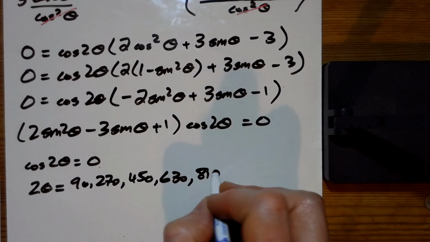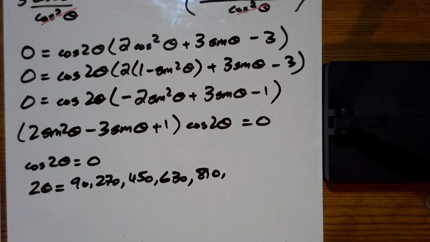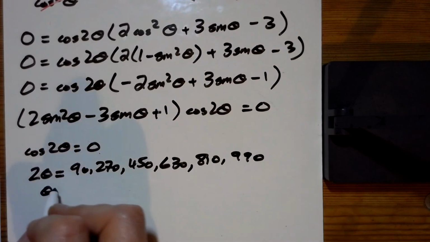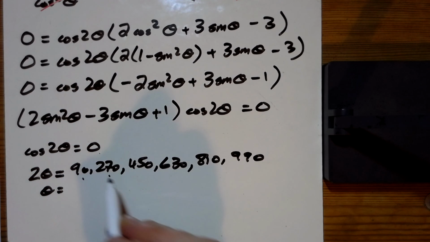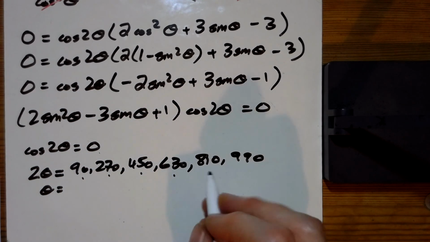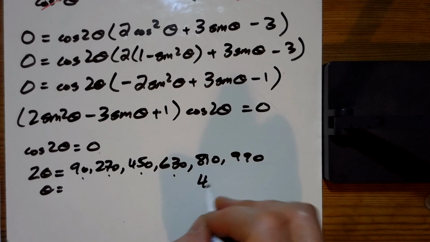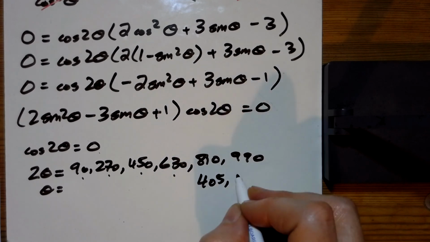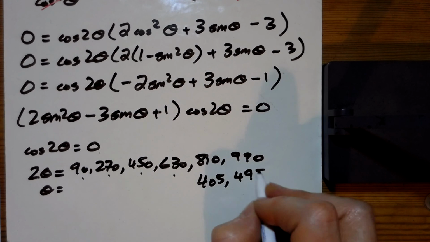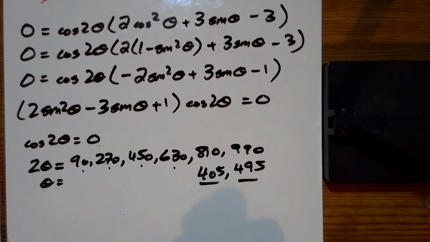So that would be 810 and 990. So if I divide all of those by 2, that one's too small, that one's too small, that one's too small, that one's too small, so it's that one there. So I've got 405, and 495. I think I've got 2 answers there.